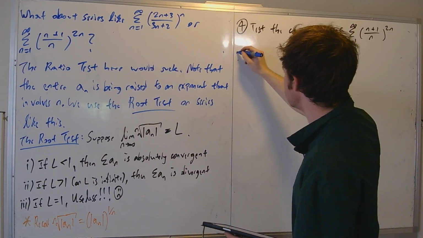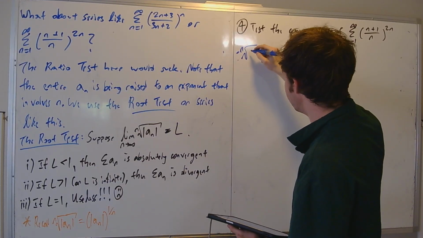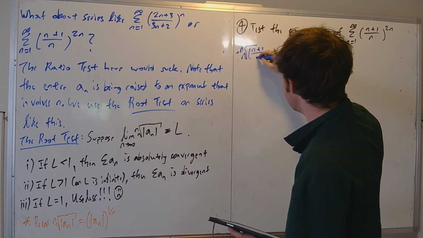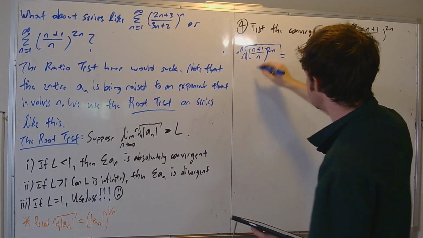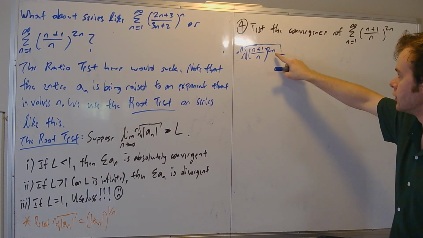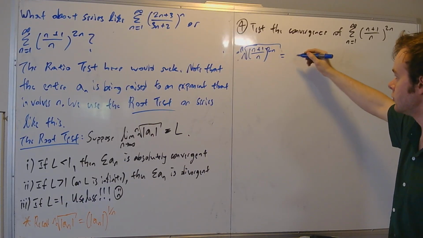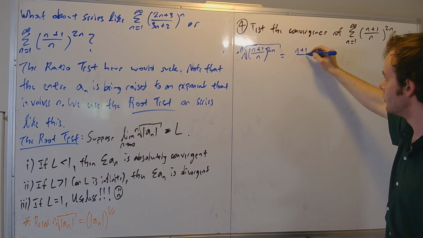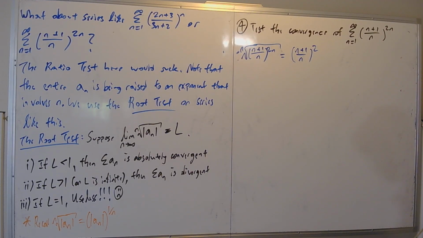So here let's just compute what the nth root is going to be. So the nth root of (n plus 1 over n) to the power of 2n. I would encourage you to work this out on your own, but this is 1 over n, and this is 2n. So you just multiply the exponents, 1 over n times 2n. This is (n plus 1 over n) to the power of 2.